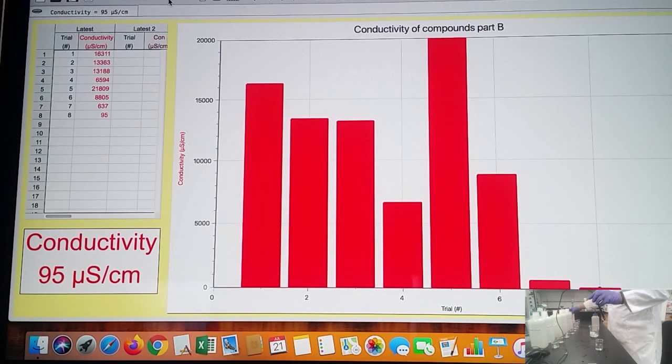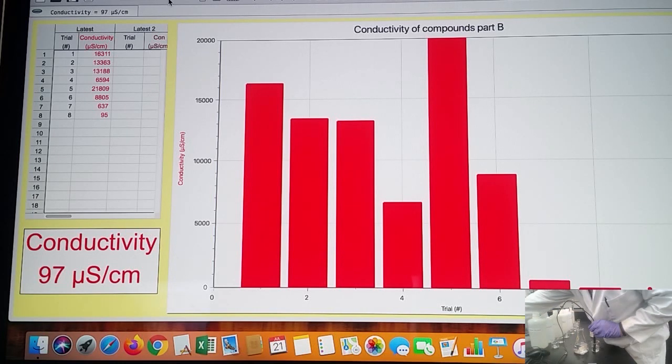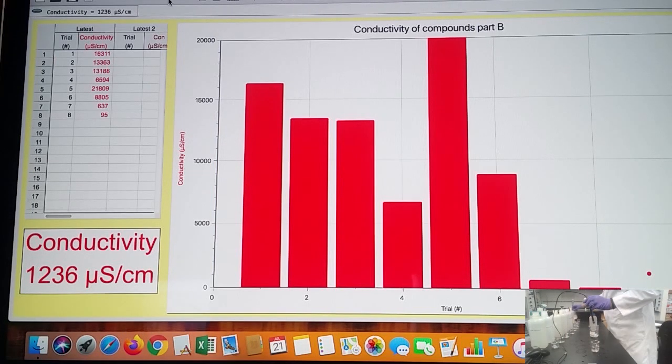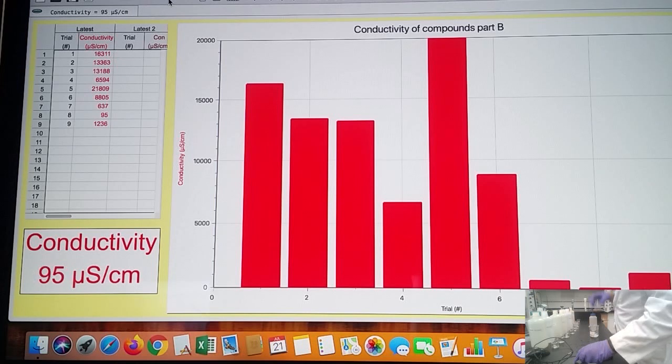Okay. Now we're going to look at some tap water from the faucet. And finally, we'll look at some ammonium hydroxide.